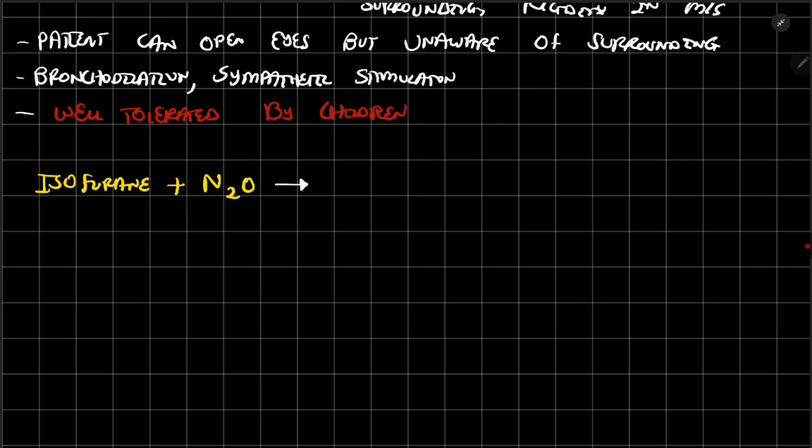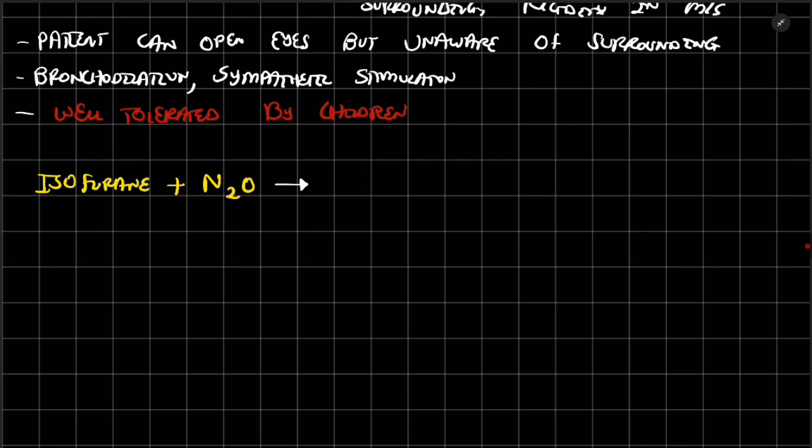Isoflurane comes under the first class, the volatile liquid, and N2O comes under the gases, and both are via inhalational route.